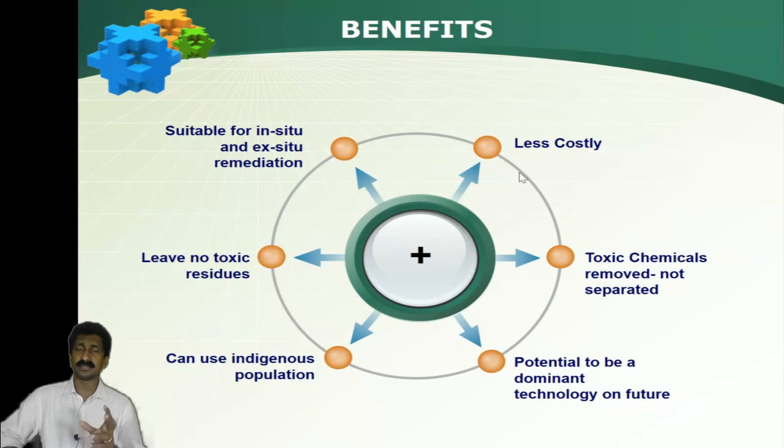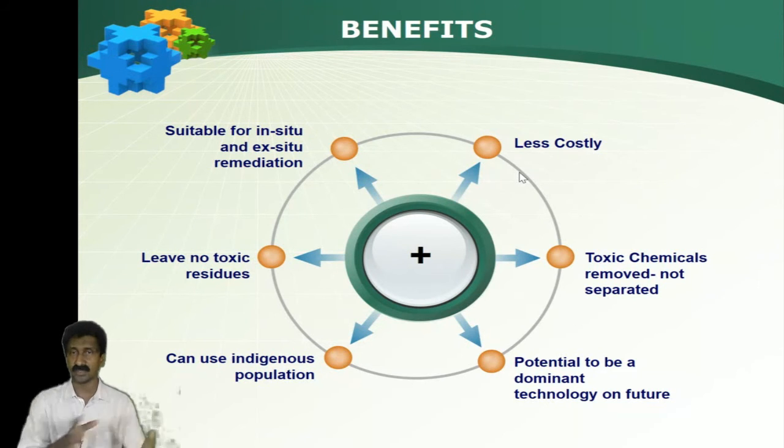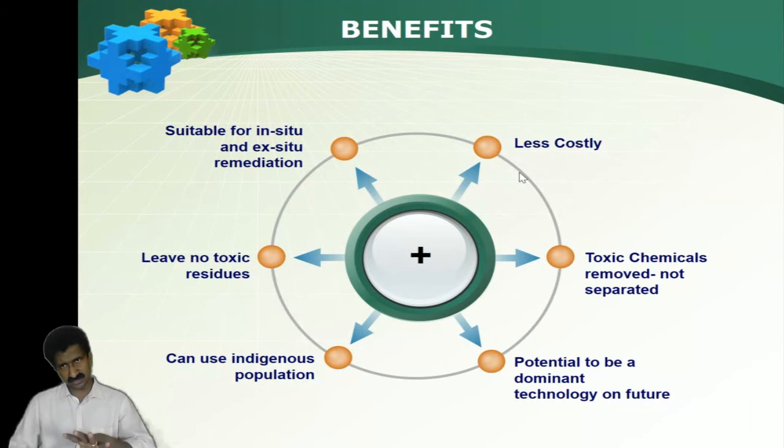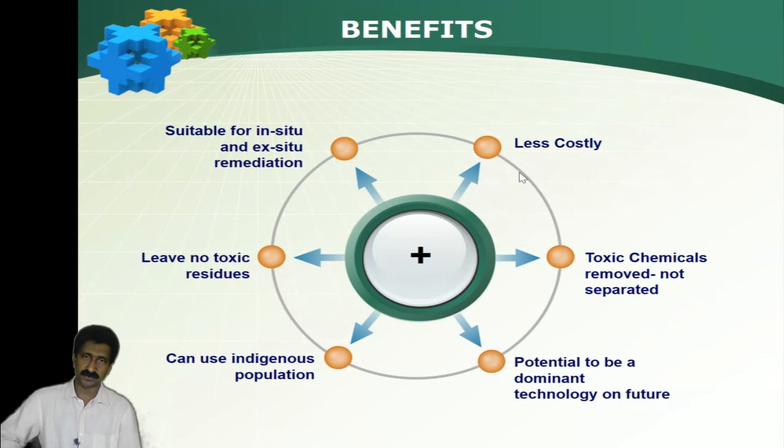In removal or containment-based methods, the toxic chemical is collected and gathered at some point, but it is not removed from the environment. But in biomineralization-based methods, the entire toxic material is finally mineralized and completely removed from the environment. That is the advantage of such bioremediation methods.